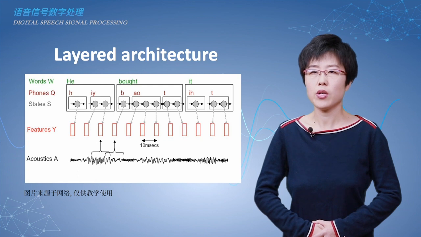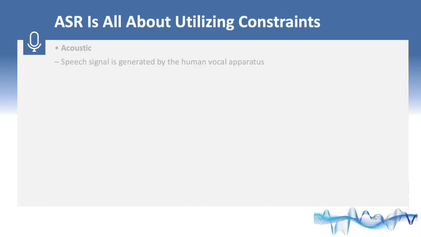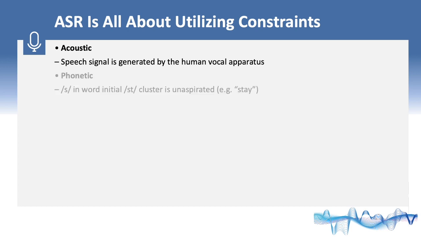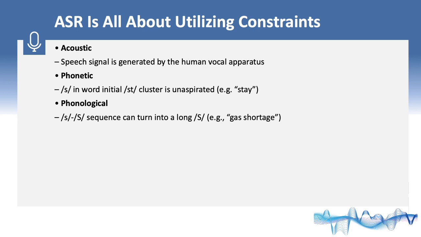There are some constraints utilized in automatic speech recognition. Acoustic speech signal is generated by the human vocal apparatus, which contains some pronunciation features. There are some phonetic or phonological rules we should pay attention to when describing pronunciation mechanism.